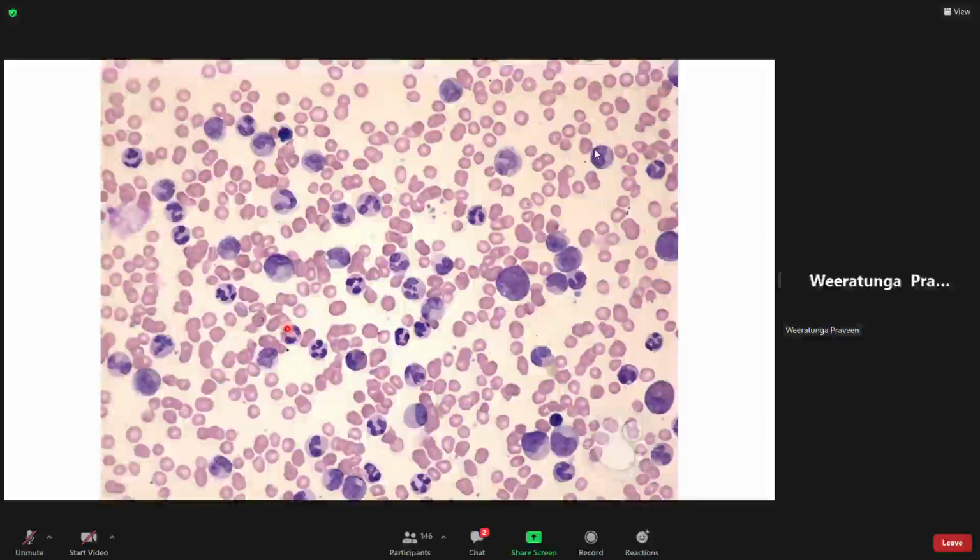So there are mature myeloid cells, mature neutrophils, but there are also immature blast cells, which you can see in this picture. So you have a range of differentiated forms in the blood film, and they have a very high white count and a high myeloid cell count.